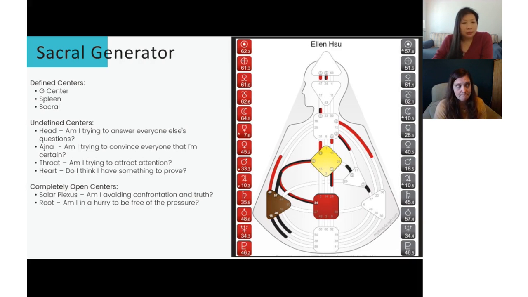And because you don't have a gate, so having a gate active in a center gives you a frame of reference or a theme for how to process that energy. When you don't have a gate activated and it's completely open, like this one is, it can feel more challenging because you don't have that frame of reference for how to process it, and it can feel more confusing. But still, it's that duality, right?